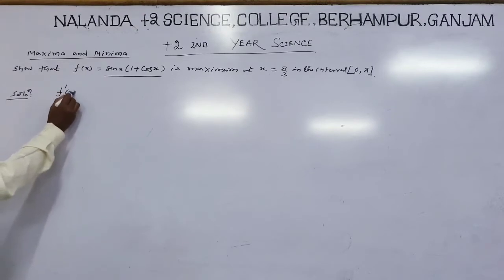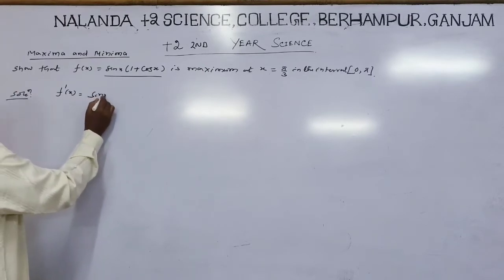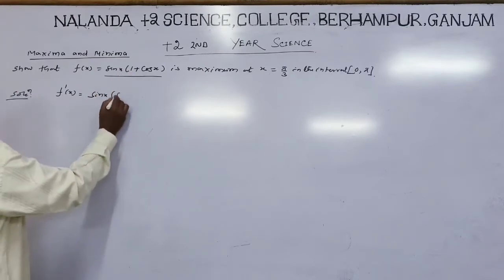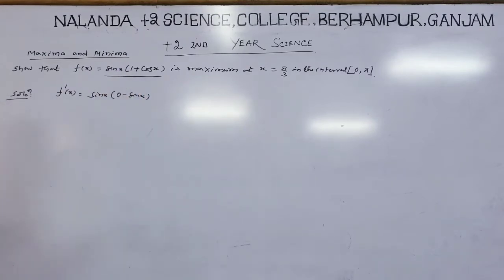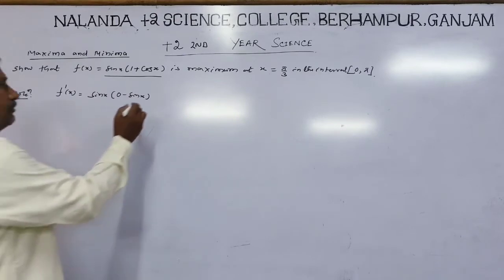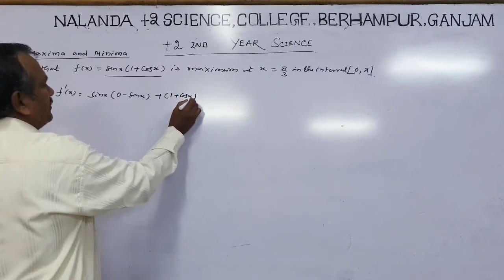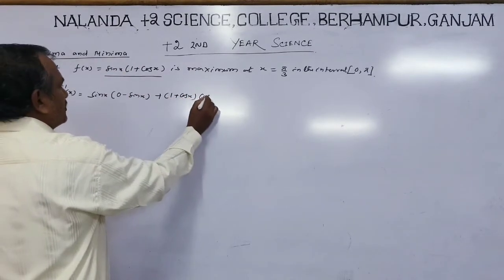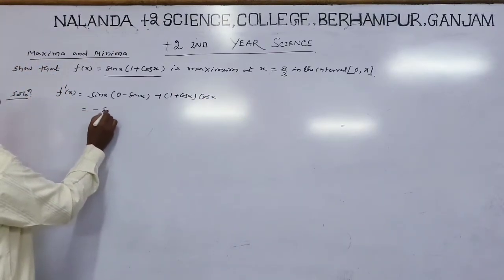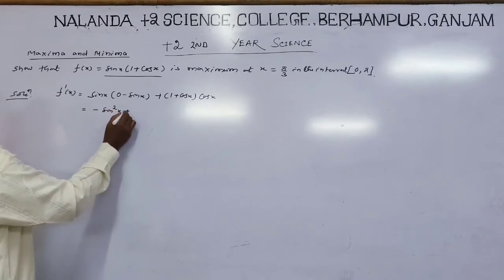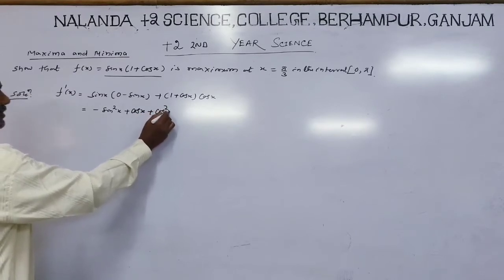f dash x equals derivative of u into v: u into derivative of v, which is (0 minus sin x), because the derivative of a constant is 0, and the derivative of cos x is minus sin x, plus (1 plus cos x) into the derivative of sin x, which is cos x. So we get minus sin square x plus cos x plus cos square x.